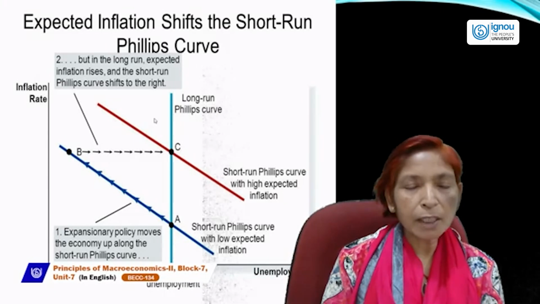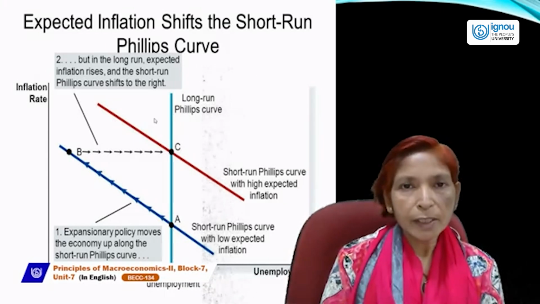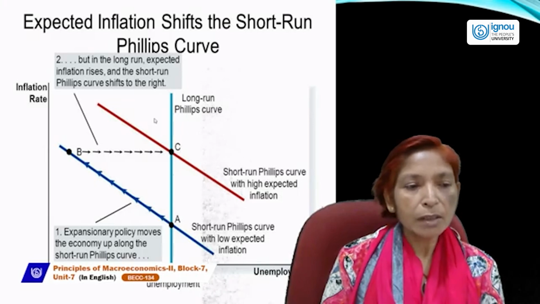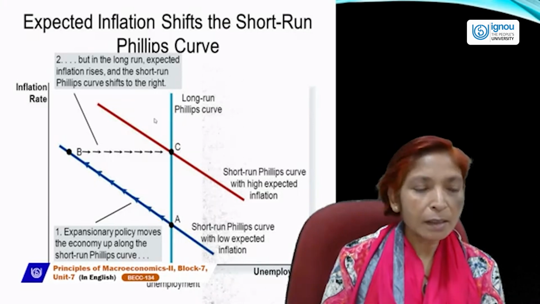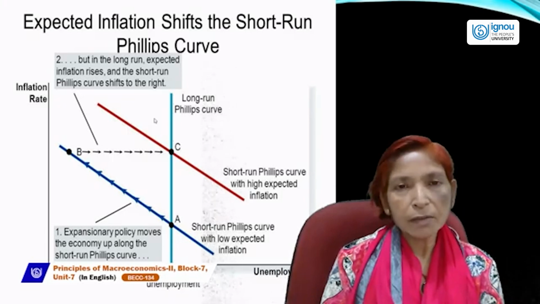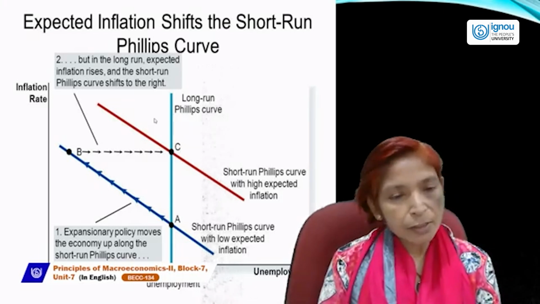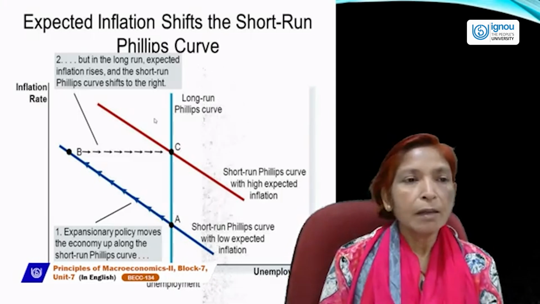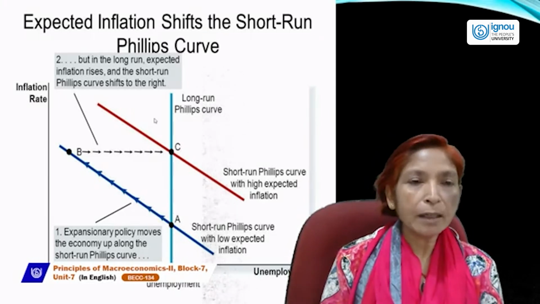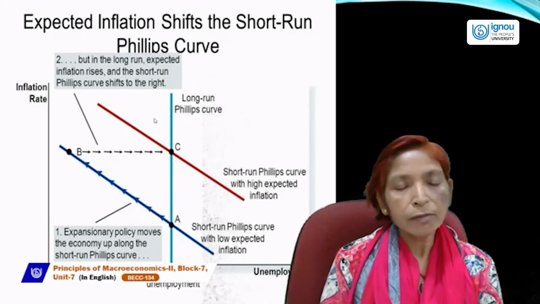So if money supply growth increases, then the expected inflation rate will increase, and if the expected inflation rate increases, then the short run Phillips curve will shift to the right-hand side, and vice versa. So this is the main effect of the expected inflation rate on the shift of the short run Phillips curve.